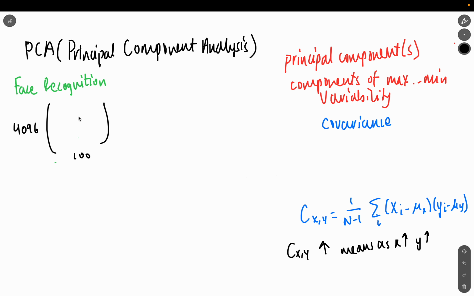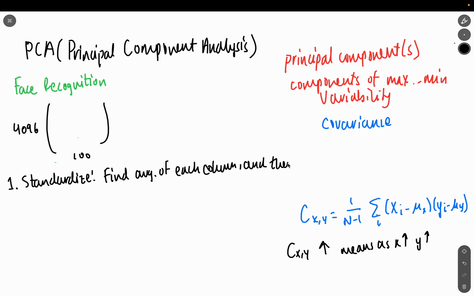We're going to subtract off the mean first. So step 1 is what we call standardize. We find the mean, the average of each column, and then subtract it away. What I mean is, let's say this first column was all ones to make it easy.